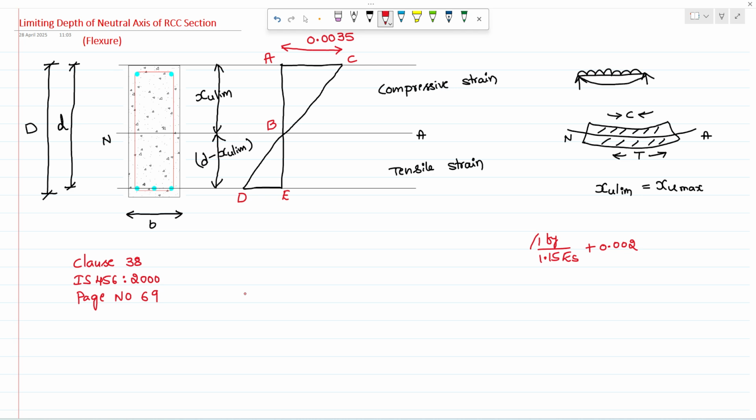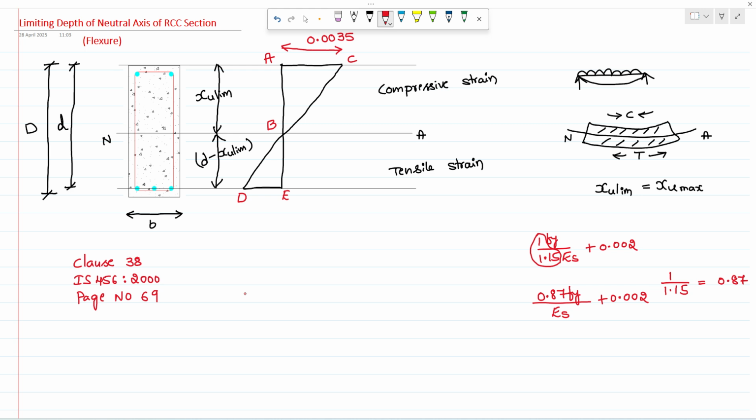See here, 1 divided by 1.15 can be 0.87. So this can also be written as 0.87 Fy divided by ES plus 0.002.